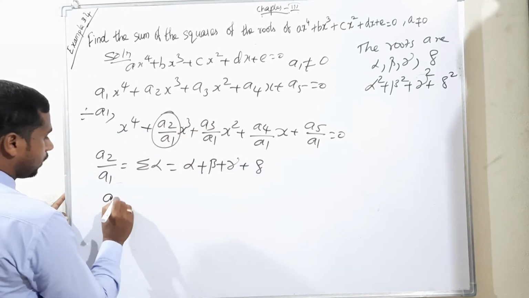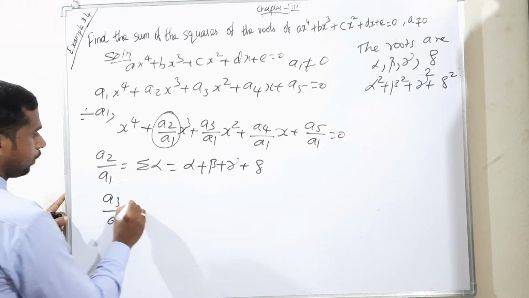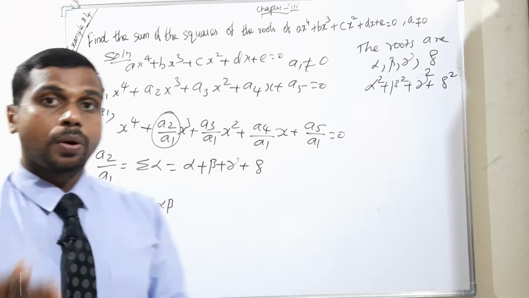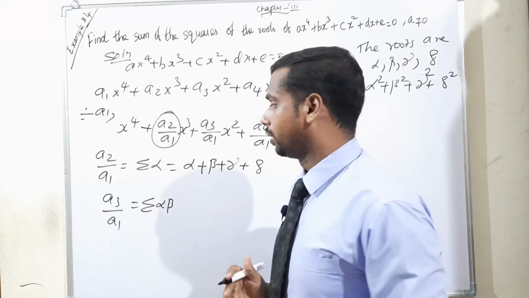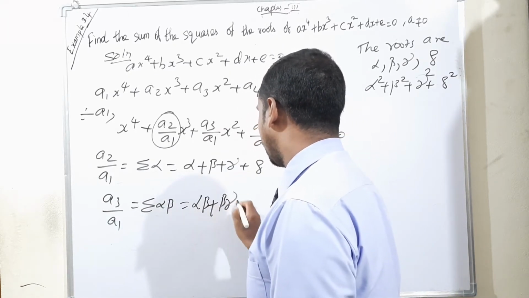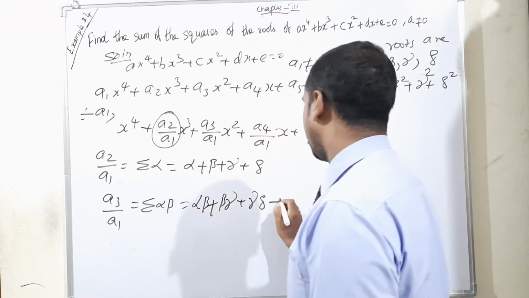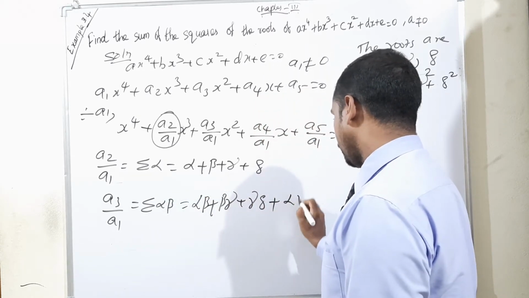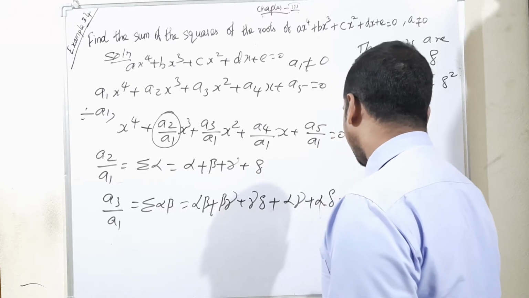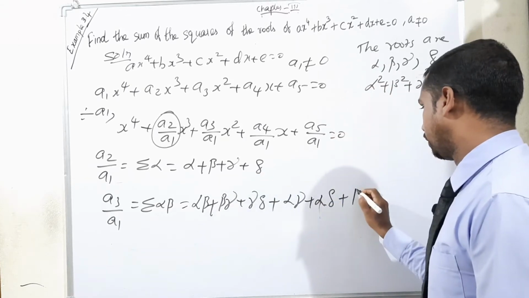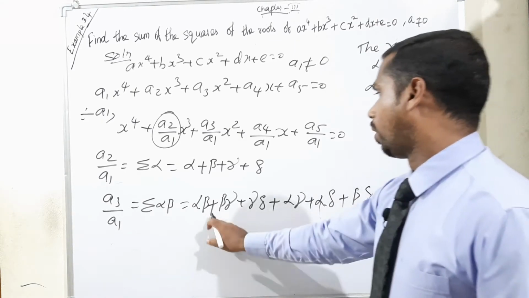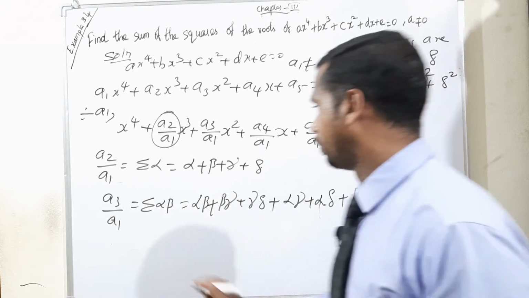Second one, a3 by a1 means summation of alpha beta, the sum of products of the roots taken two at a time, which is alpha beta, then beta gamma, then gamma delta plus alpha gamma, then alpha delta plus beta delta. 1, 2, 3, 4, 5, 6 terms will come.